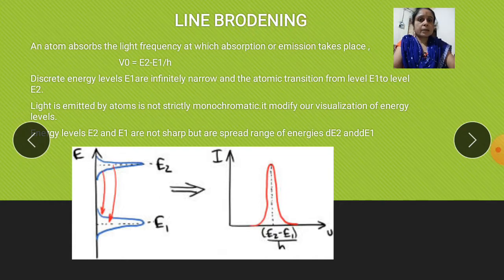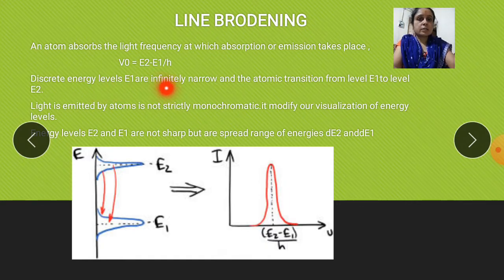First, the line broadening mechanism. An atom absorbs light at a frequency at which absorption or emission can take place. This is given by nu0 = (E2 - E1)/h. In this equation we have the discrete energy levels E2 and E1.